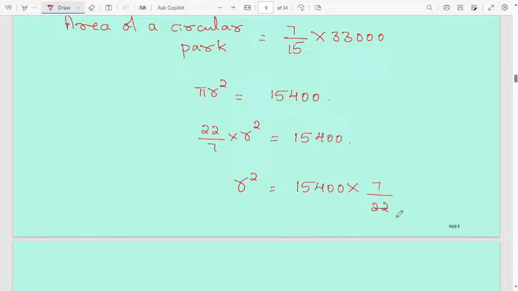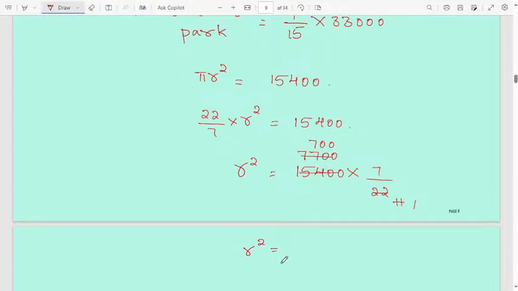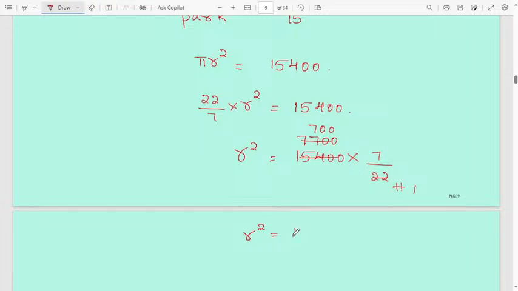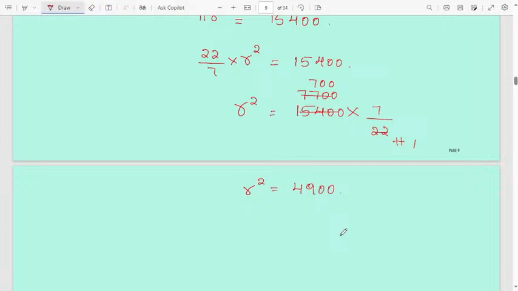Then 2 elevens are, 2 sevens are, 2 sevens are, then 11 ones are, 11 sevens are. Then r square will be 4900. Then the r value will be 70 meter. Square root of 49, 7 square is 49, therefore your correct answer will be 70 meter.